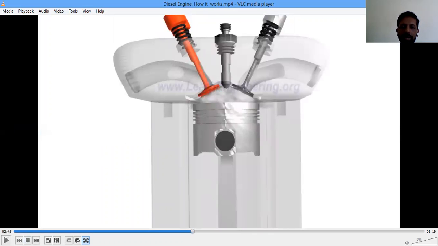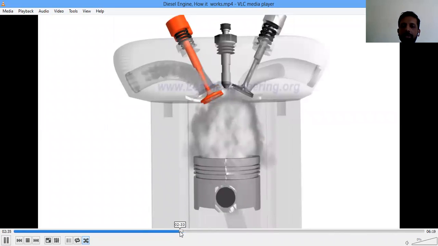If we have a look over here, as the piston moves towards the TDC, we can see that the outlet valve is open and the inlet valve is closed.